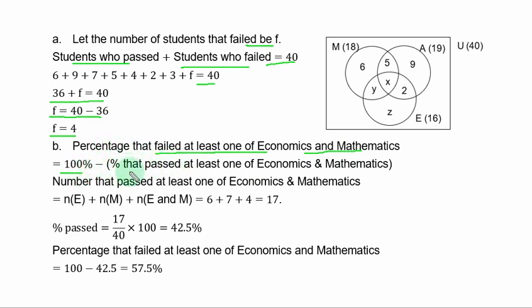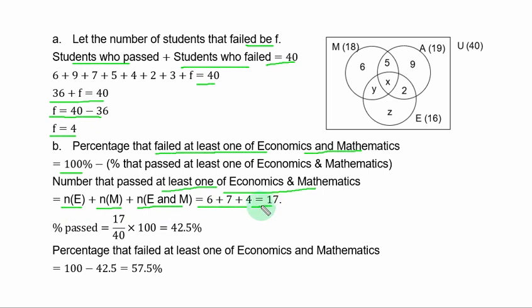You transfer this one to the right, it becomes minus. So we need the number that passed at least one of economics and mathematics. At least means those that passed economics plus those that passed mathematics plus those that passed the two subjects together. That is 6 plus 7 plus 4, and that is 17.